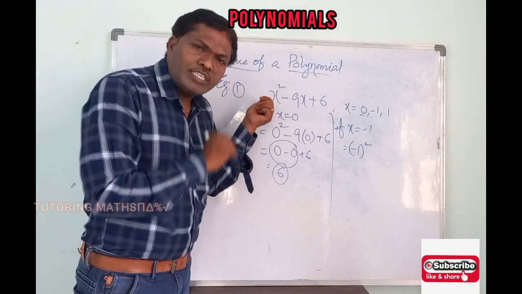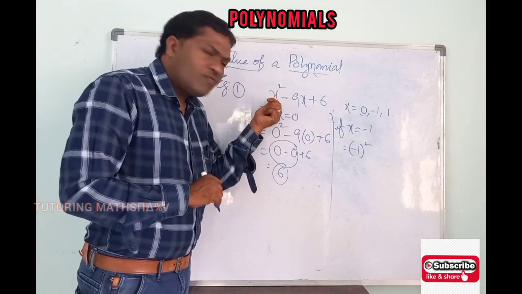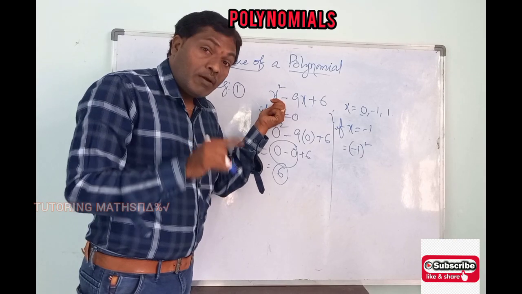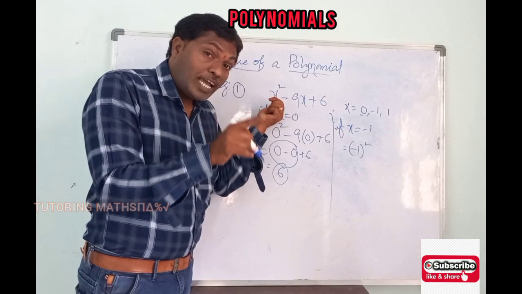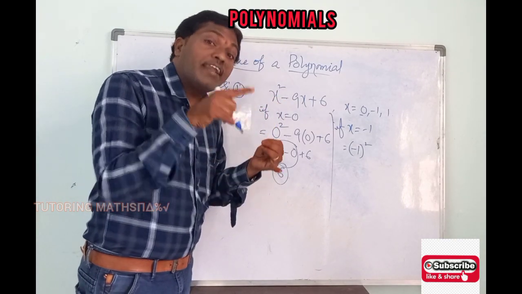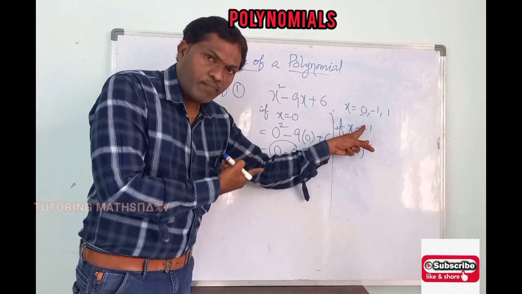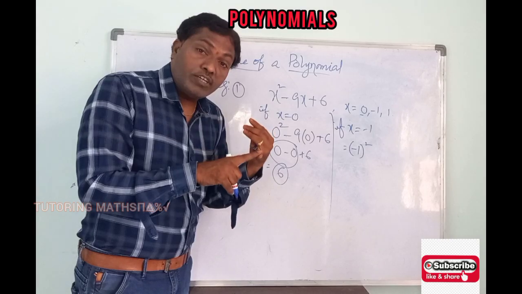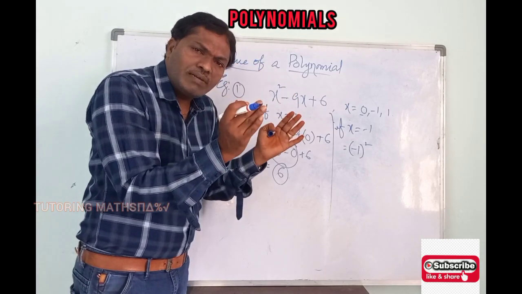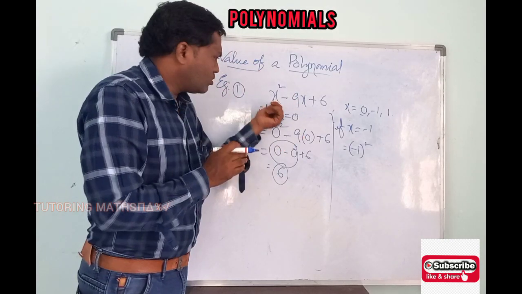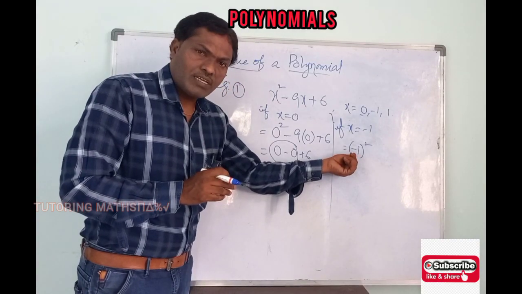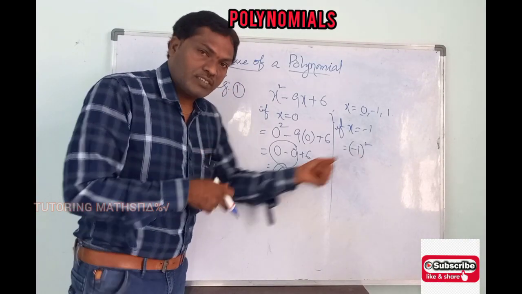When you substitute values of variables, particularly if the value is negative, like minus 1, please take them in brackets. Compulsorily maintain the bracket.